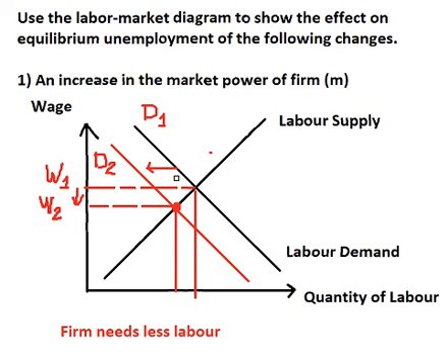We can see that quantity number 1 goes to number 2. That means we reduce the quantity of labor. The gap between Q number 1 and Q number 2 is unemployment.